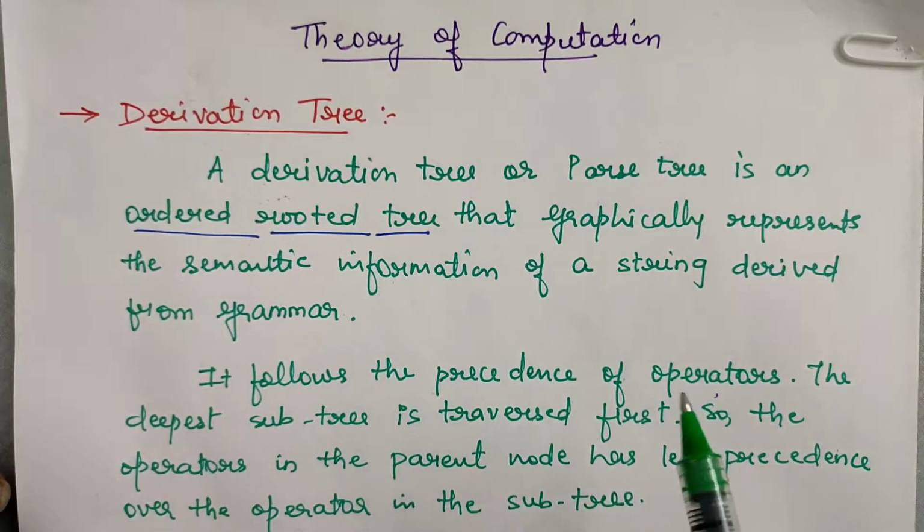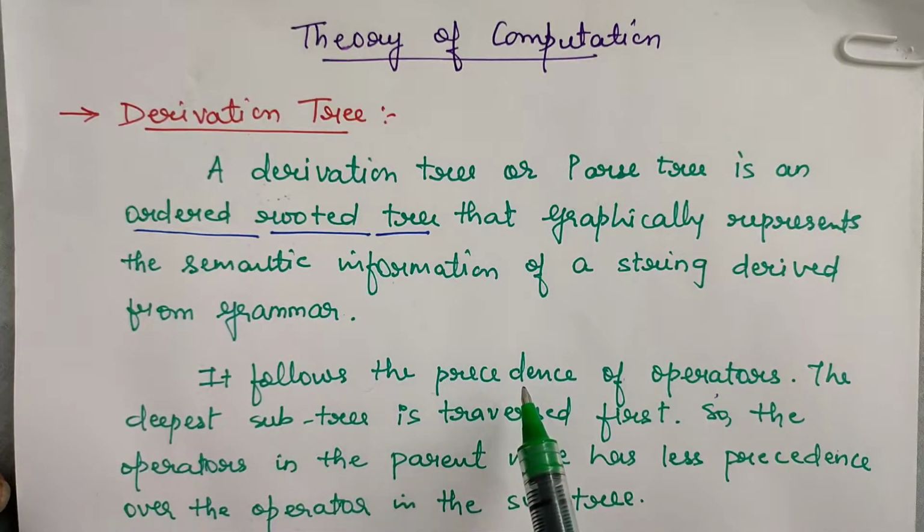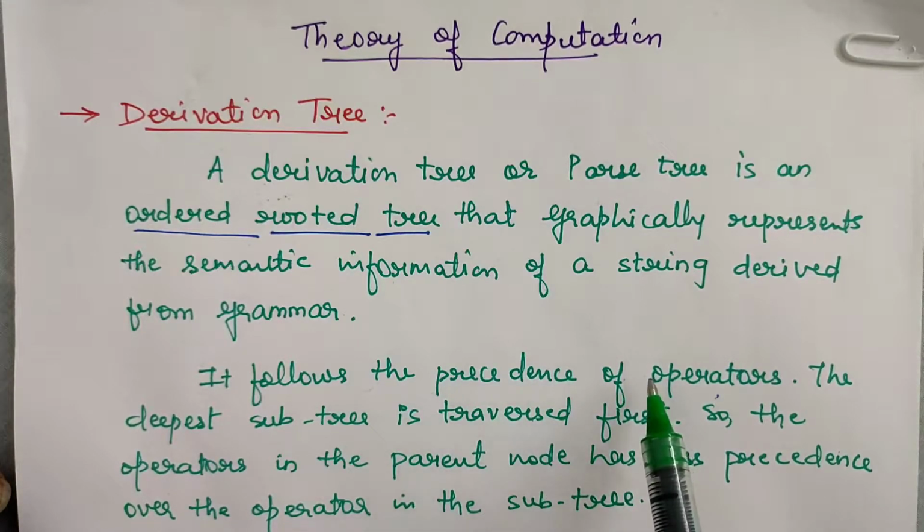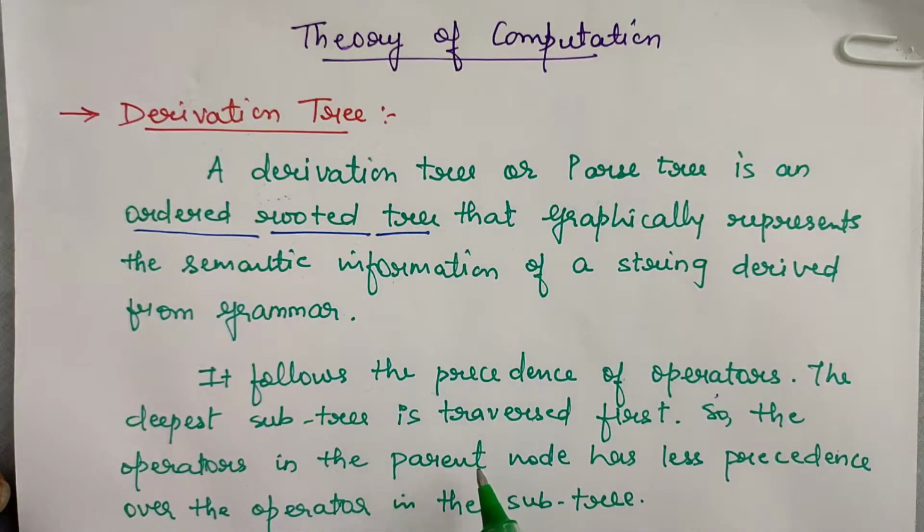It follows the precedence of the operator. The deepest subtree is traversed first. That means if we have some operators in the grammar and we are trying to derive a string which contains those operators, then it follows the precedence. The operator which is at the deepest level will be traversed first.